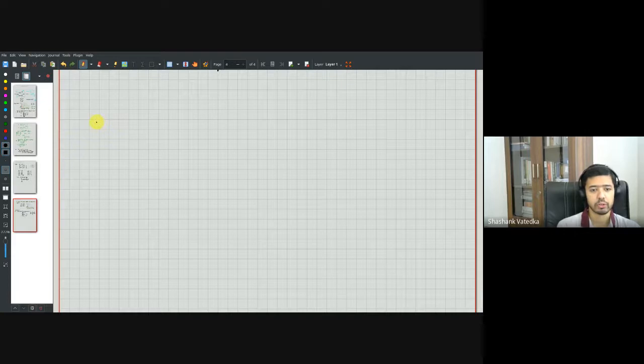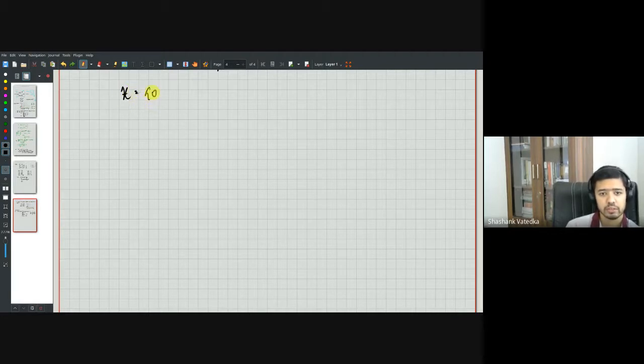Look at all possible sequences x. Let's assume that x is, say, 0, 1, 2, and let us assume that y is also 0, 1, 2.